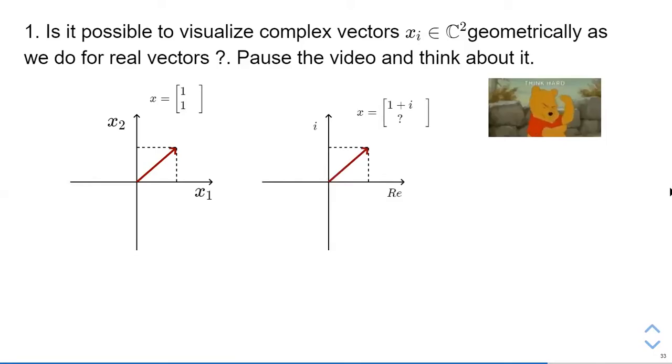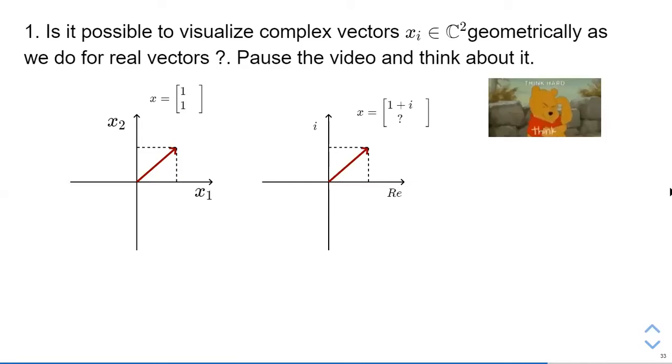Let us start with visualizing a single complex number. Say, for example, I have 1 plus i, which is a complex number that belongs to C. We do visualize a single complex number using two real axes. One we call the real part, and the orthogonal one we call the imaginary part.